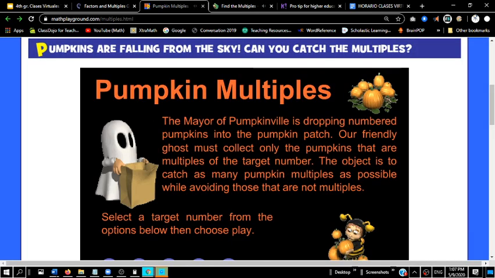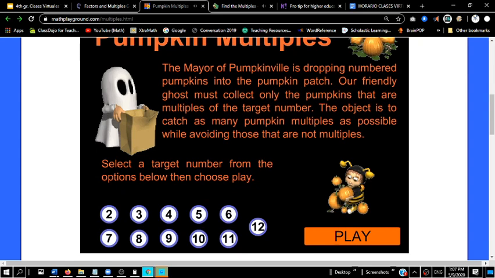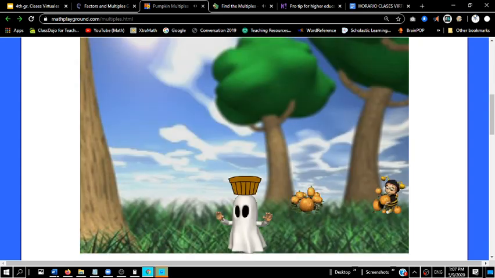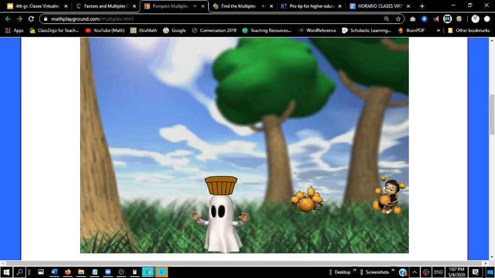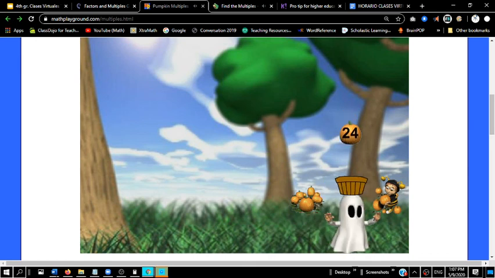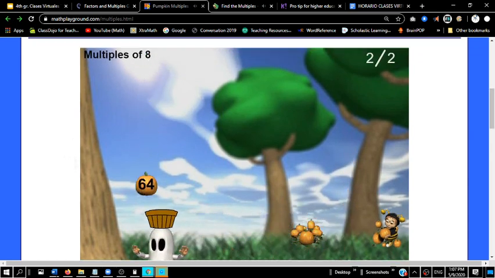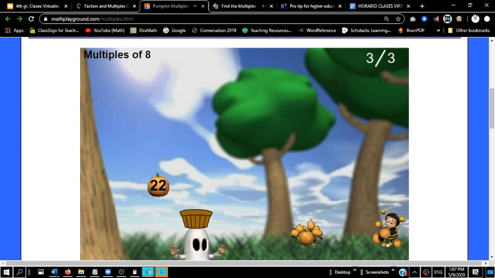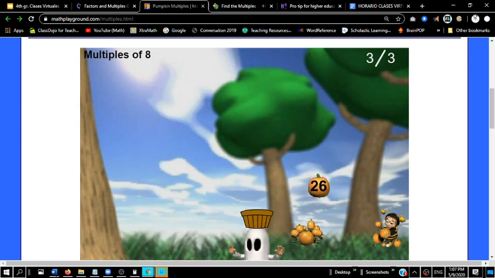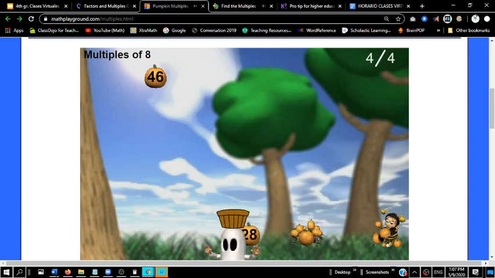All right. And then this last one, this pumpkin multiples, is kind of cool. 32. 24 is a multiple of 8. 64 is a multiple. 22 is not. 26 is not. 64 is. 8 times 8 is 64.